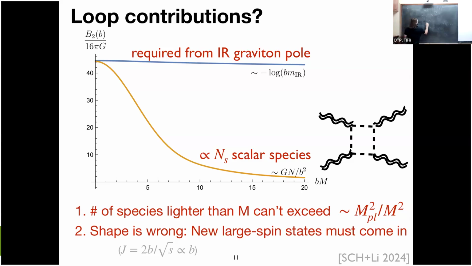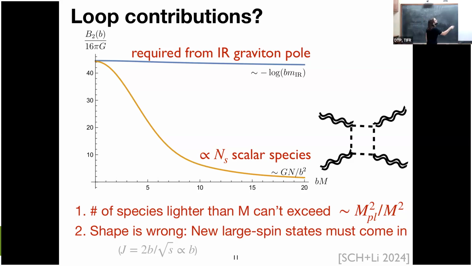When this is happening, these are massive scalars? Yes, treating them as lighter than the cutoff. Otherwise, the curve gets slightly distorted, but it's qualitatively similar. And what you see is that the place where you exceed your budget is at the origin, at the smallest possible impact parameter.